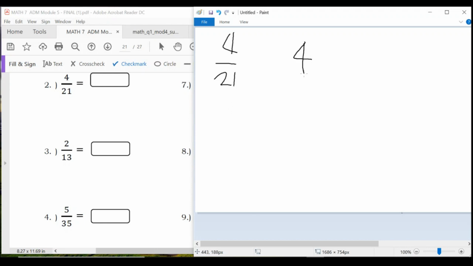So 4 divided by 21. Dahil mas malaki ang ating divisor, which is 21, kaysa sa ating dividend, which is 4, so we have to add another place value. So that is 0, then this is the decimal point.